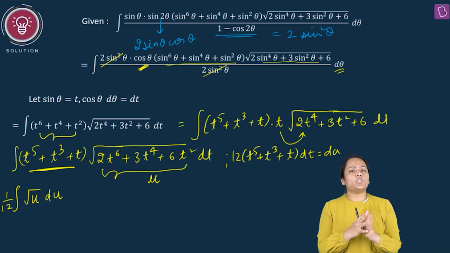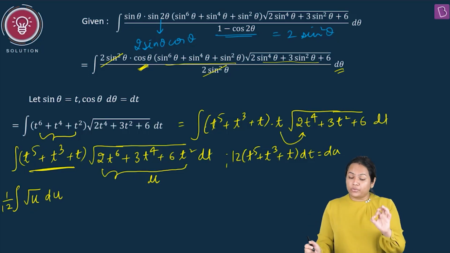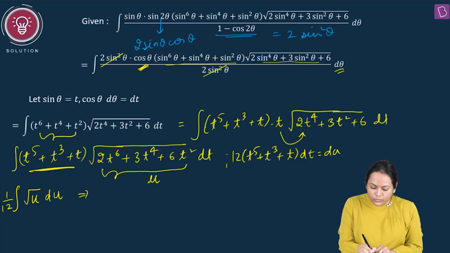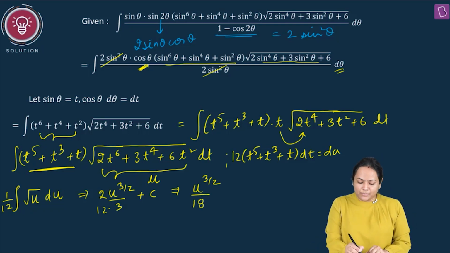So 1 by 12, the constant I'm taking outside. Now quickly we can write what is the integral of root u. Well, root u integral will be u raised to 3 by 2 divided by 3 by 2, and I have one more term, 12, plus some constant c. And it is further written as u raised to 3 by 2 divided by, this is going to become 18, right? Plus some constant c.